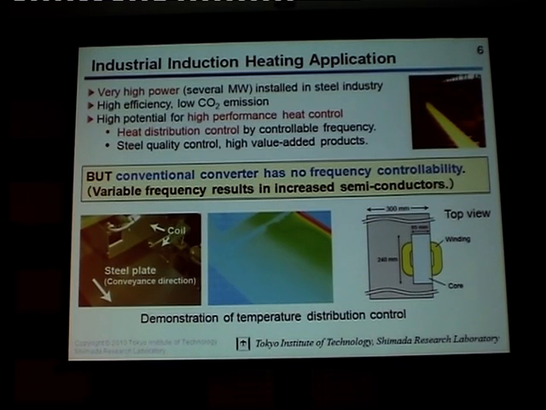This heating method is very good because of high efficiency, since the steel is directly heated, compared to other heating methods like a gas furnace. And it has high performance of heating control. We can easily control the input power.